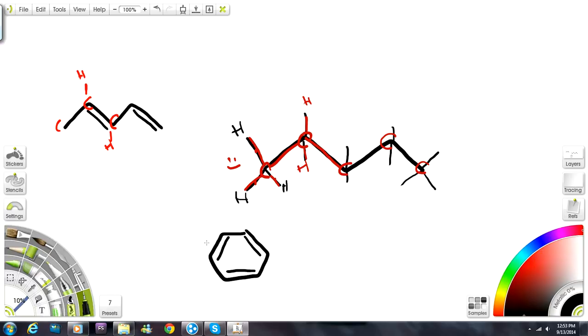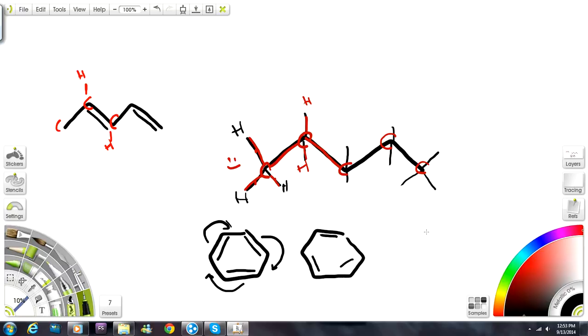But they can move around. You can move these electrons around almost in a circle, so they kind of trade positions. And if you redraw that, now the double bonds look like that, and you're still fine.